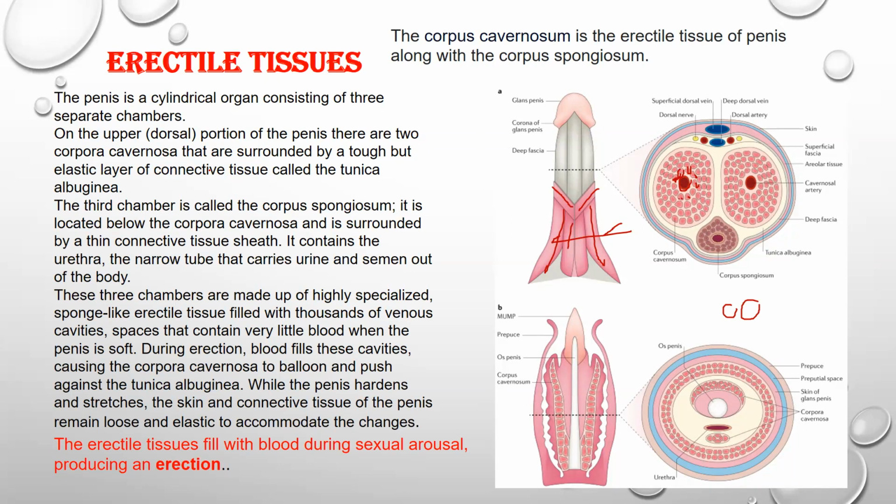They will put pressure on the walls. While the penis becomes hardened and stretches outward, the skin and connective tissue of the penis will remain loose and elastic to accommodate the changes. The erectile tissues fill up with blood during sexual arousal, producing an erection.